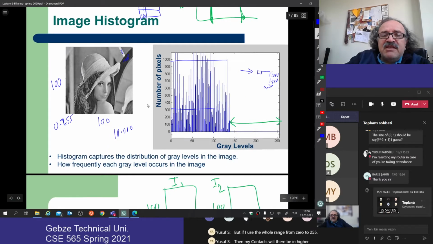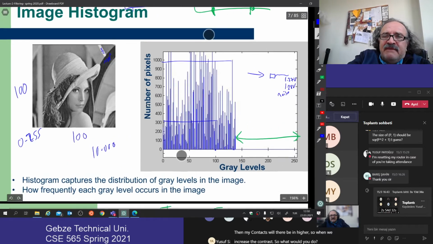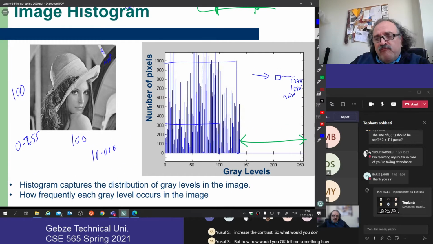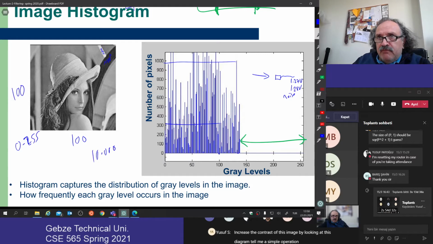So when we increase the contrast, what would you do? How would you increase the contrast of this image by looking at this histogram? Tell me a simple operation. Histogram equalization. Nobody knows what histogram equalization is. Can do a little bit of normalization here.